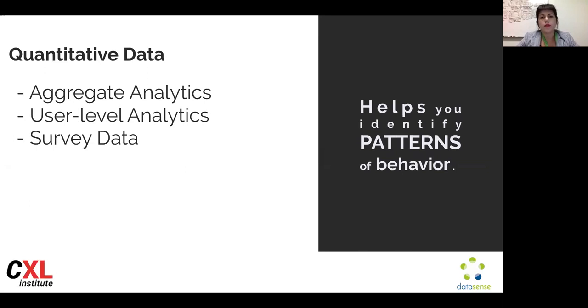So for example, if you start with qualitative data and move on to quantitative data, if you have access to both in your organization, sometimes you will start from an interview, get inspiration on what to look for, and then go and confirm these data points with analytics or survey data that will tell you a little bit more how widespread is this behavior that this one user is exhibiting, right?